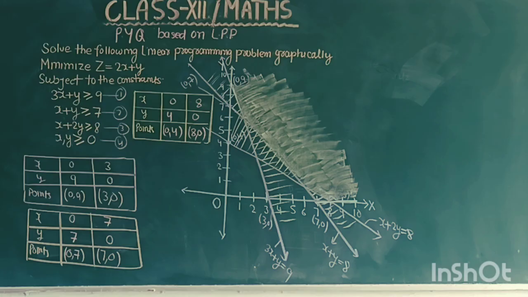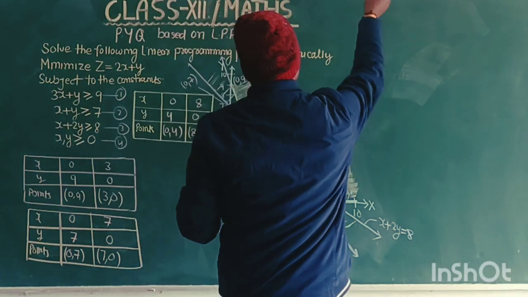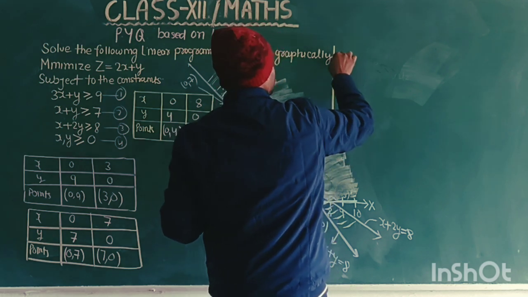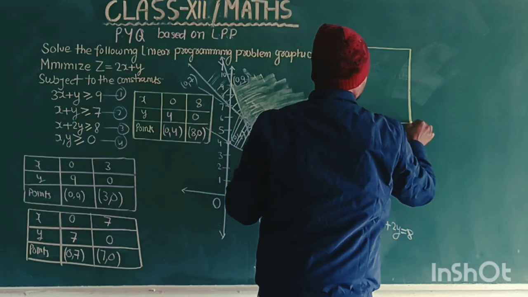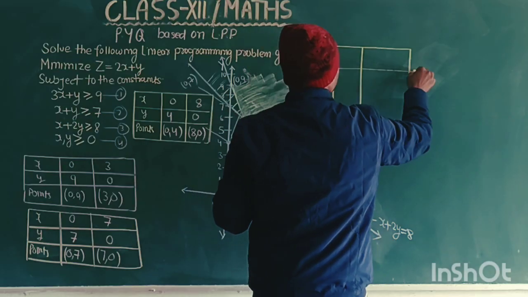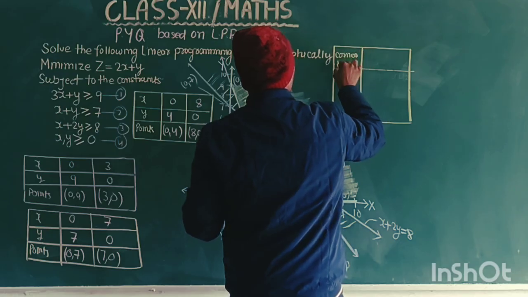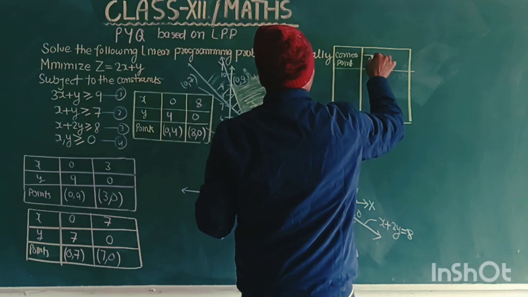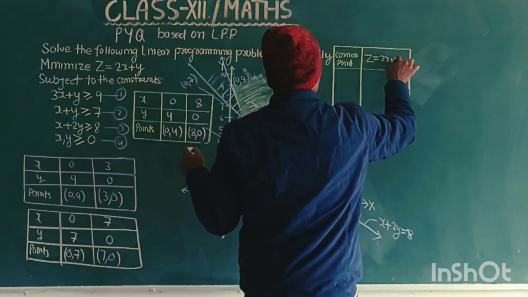So let us take the corner points. Here our objective function is z equal to 2x plus y.